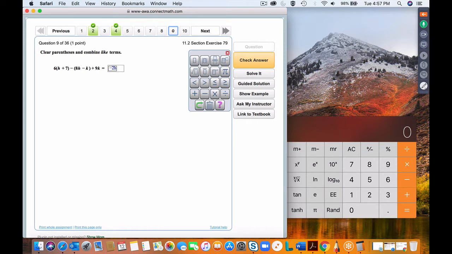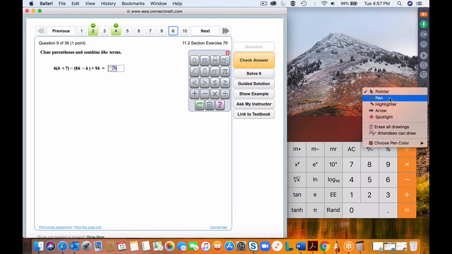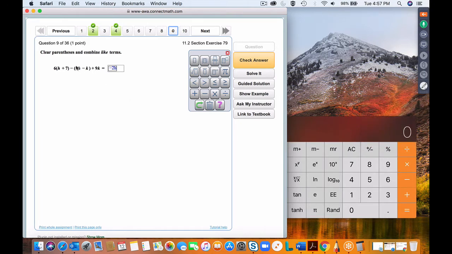That's the number of h. We have two negative h, and then k will be, if you notice, you have to be very careful with signs. Double negative means a positive here, so this number is positive. So we have 1k plus 9k is 10k.